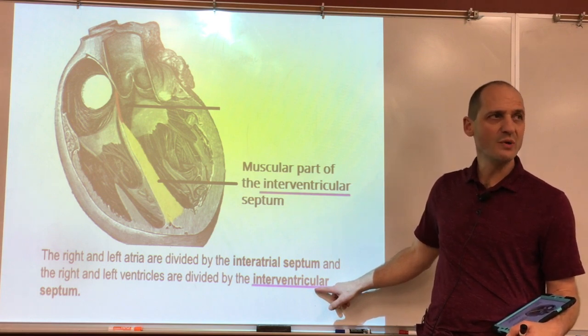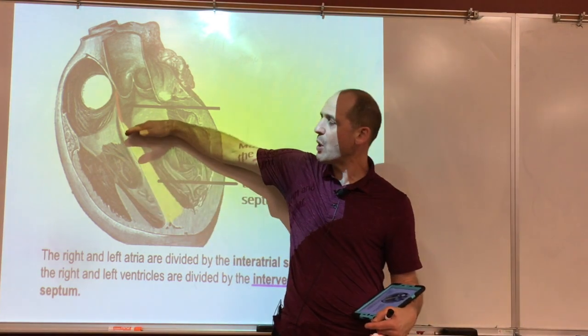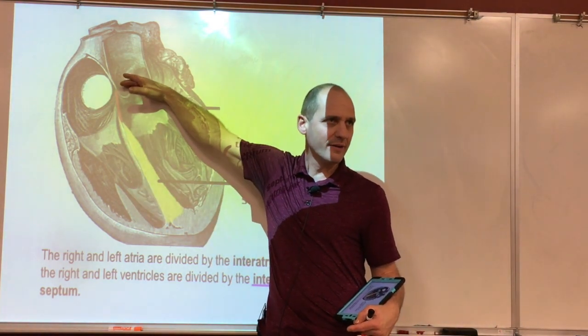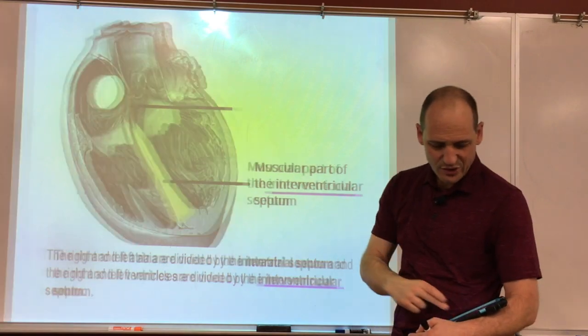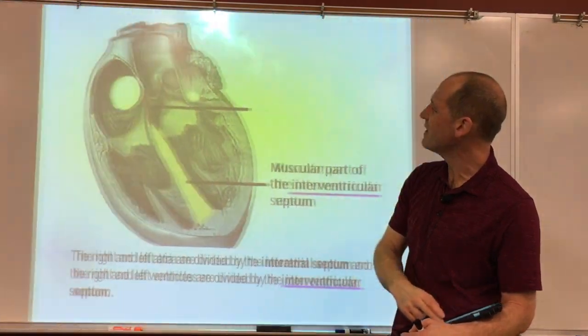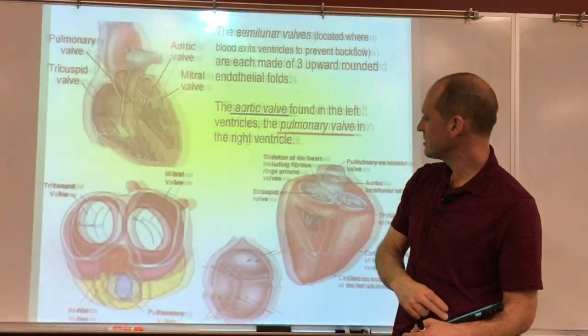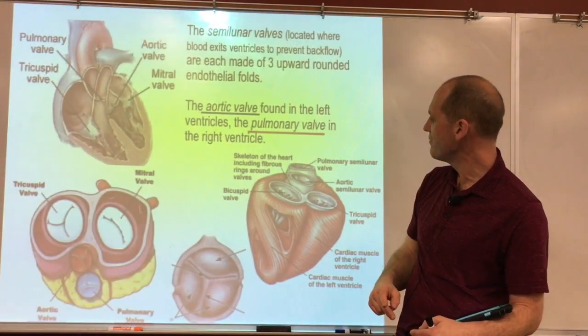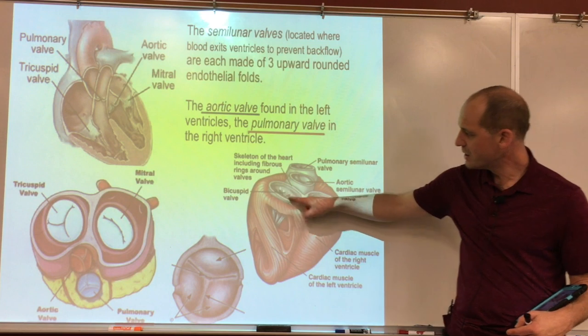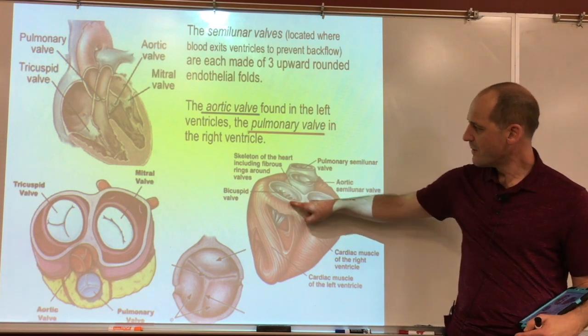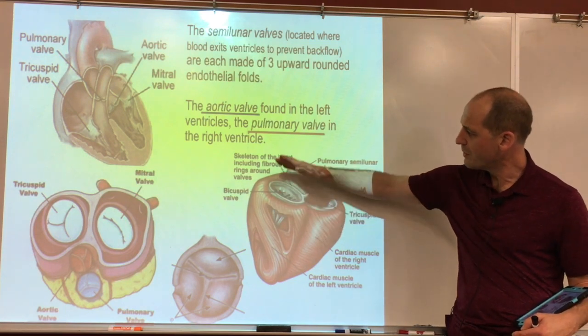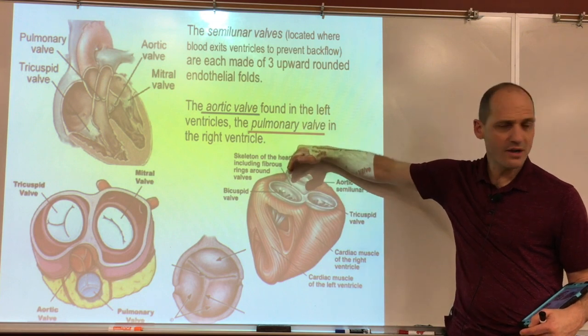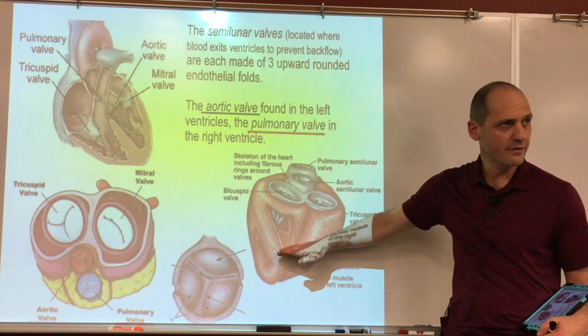Septum is a wall between, so we have this bottom part of the heart and the top part of the heart, right? When you look at the heart, let me see if I find the skeleton. I don't think I have a picture of the skeleton, but if you see around here, this on top is the atrial area and below is the ventricular area.